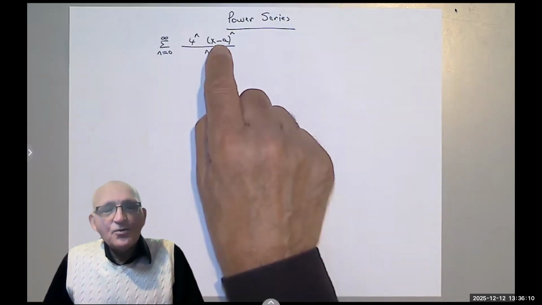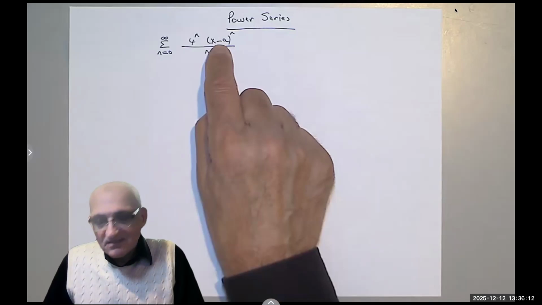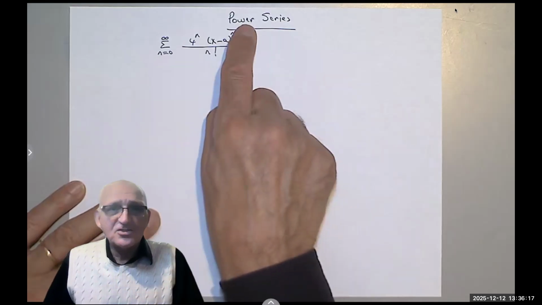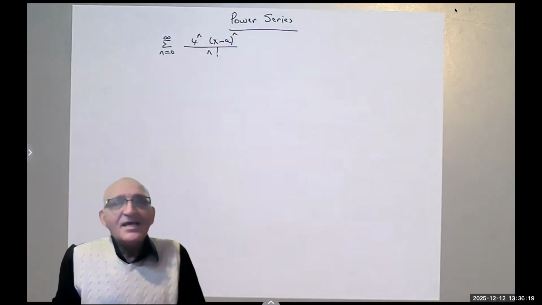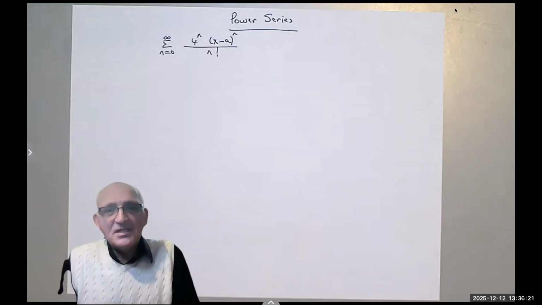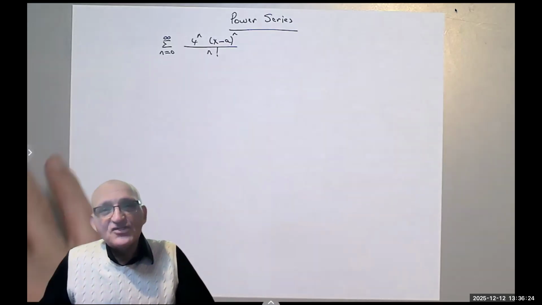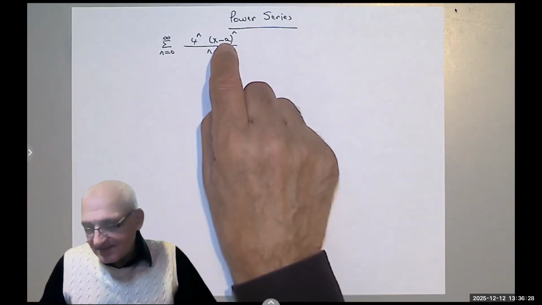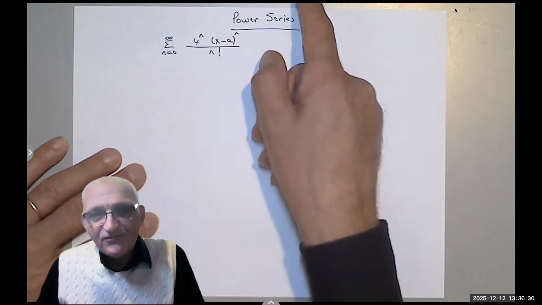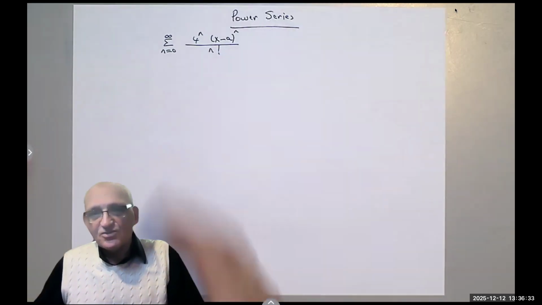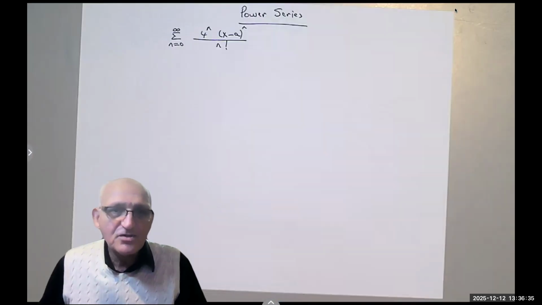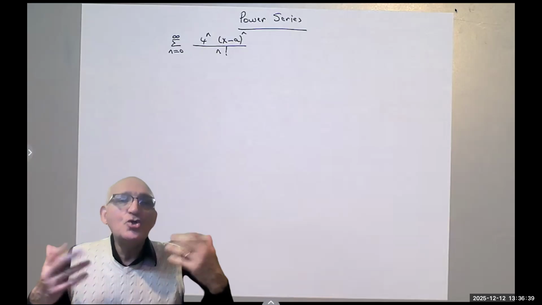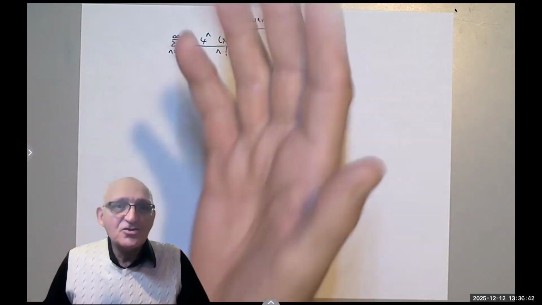A word of caution. I may hear some of you say, but the first term would be 0 to the 0, which is undefined. No, for the sake of this course and to simplify things, we assume that we don't have the first term. It's like not 0 over 0. It's just 0 to the first power or something. So just here, we are going to assume that 0 to the 0 is 1.